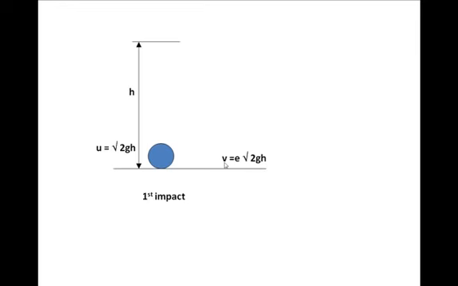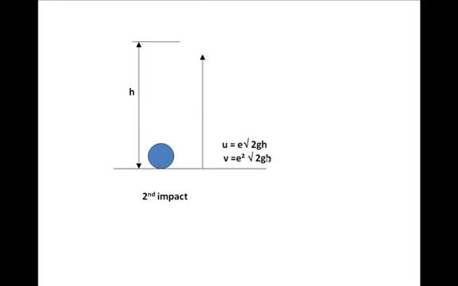Now it goes up, and when it comes down, it hits in the second impact. In the second impact, it hits with initial velocity of e root 2gh and goes back. If I use again the formula v is equal to eu, it goes back with e square root 2gh. So after the second impact, it bounces with e square root 2gh.